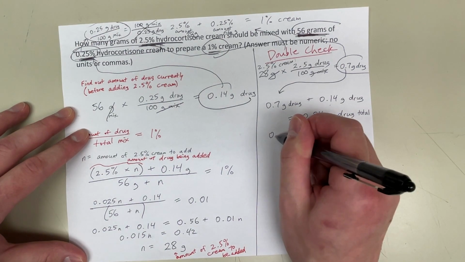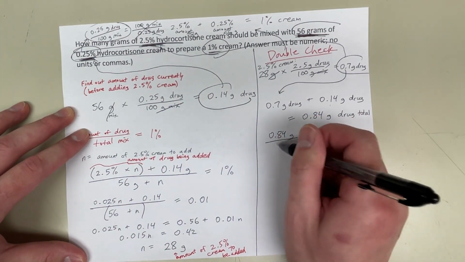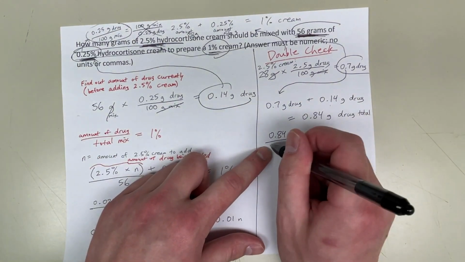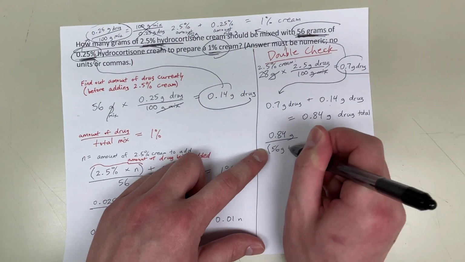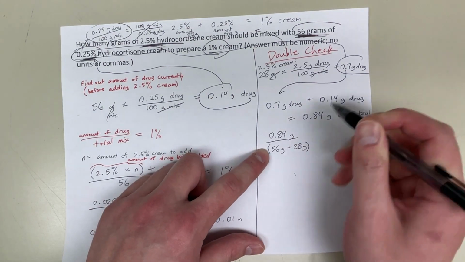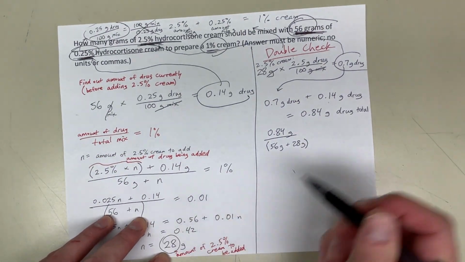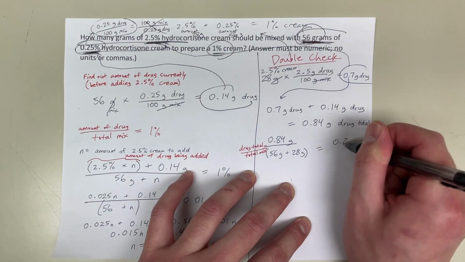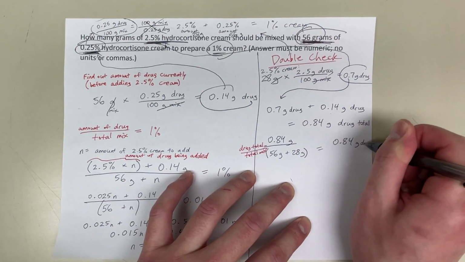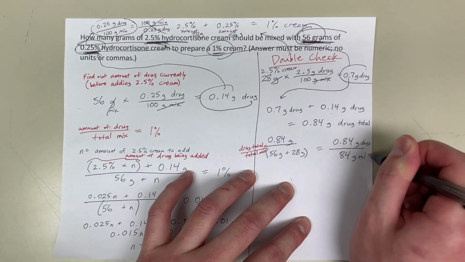Now I'm going to put this 0.84 grams of drug over the total amount of the mixture, which is 56 grams plus 28 grams. 56 grams is what we started with, and 28 grams is what I calculated. That equals 0.84 grams of drug over 84 grams of the mixture.